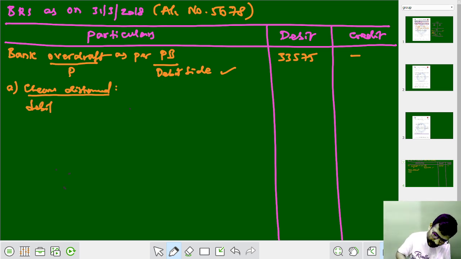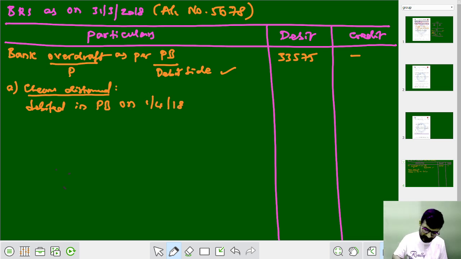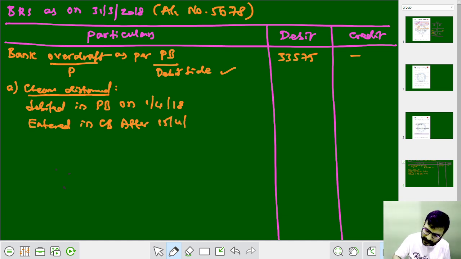Debited in the passbook on 1st April 18. Then entered in the cash book after 15th April 18, because not entered till 15th April.